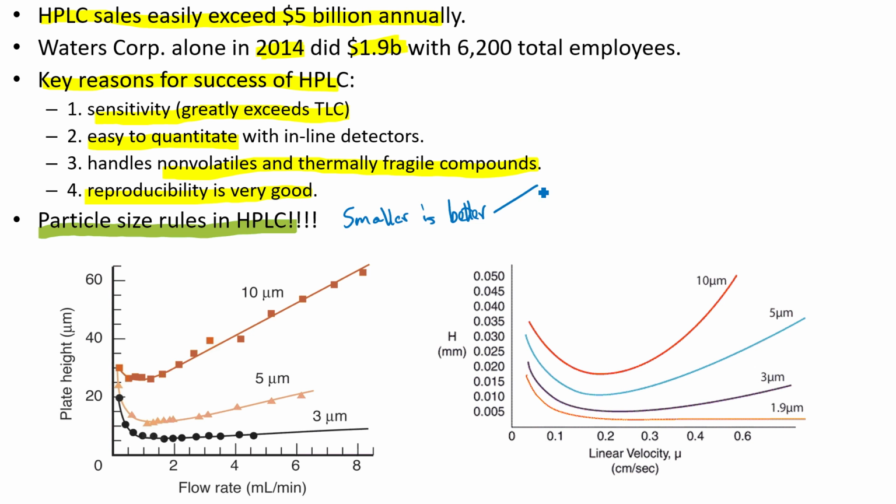It's better in terms of efficiency, which is higher plate count, or number, however you want to say that. It is better in terms of, as a result, resolution. And that means simply separate more complex mixtures.